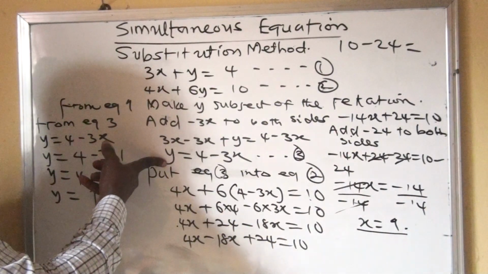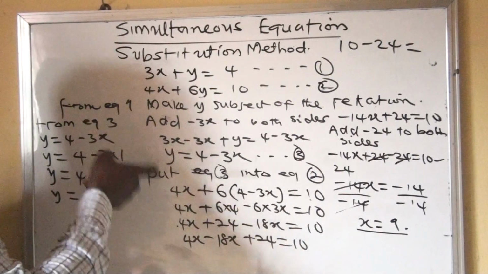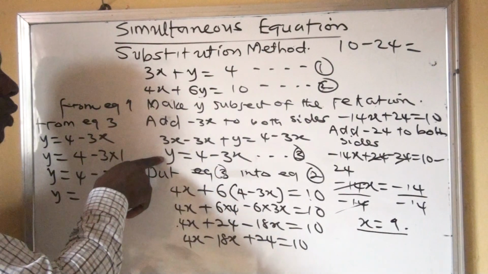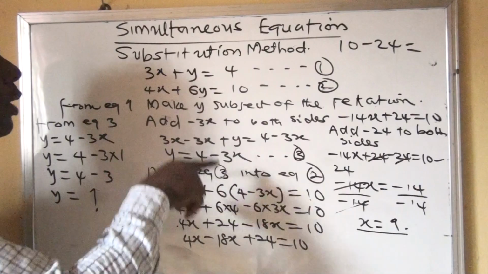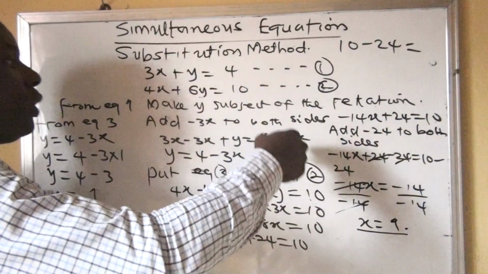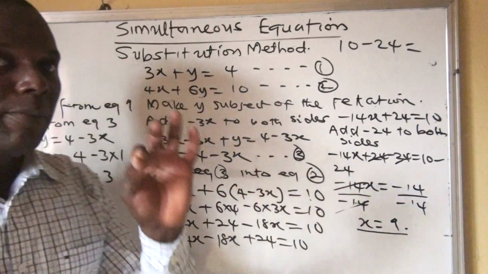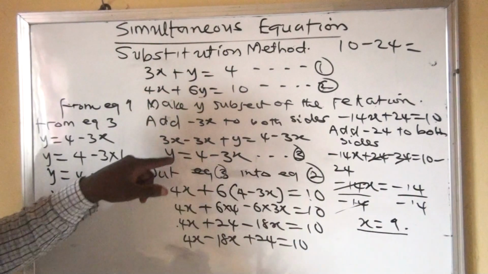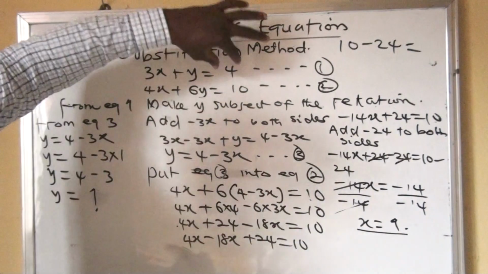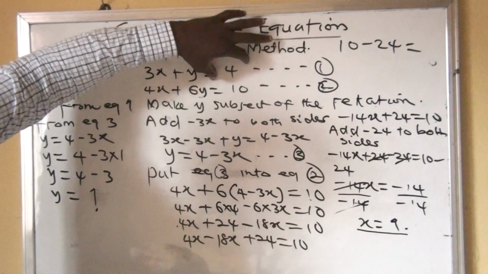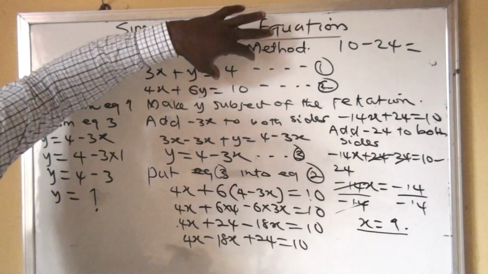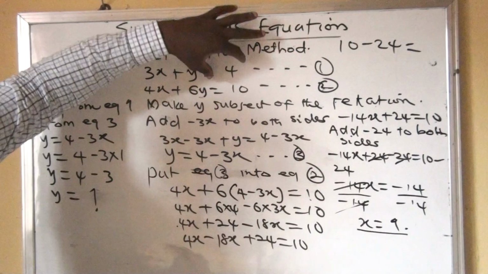After making that particular unknown the subject of the relation, you name that equation as equation 3. Don't make the mistake of putting equation 3 into the equation that you used to make it the subject of the formula, so that the error will come in there.